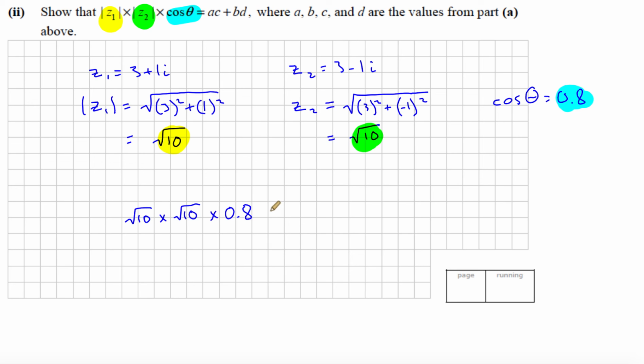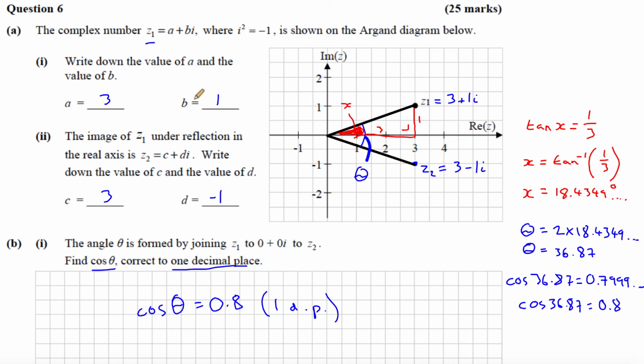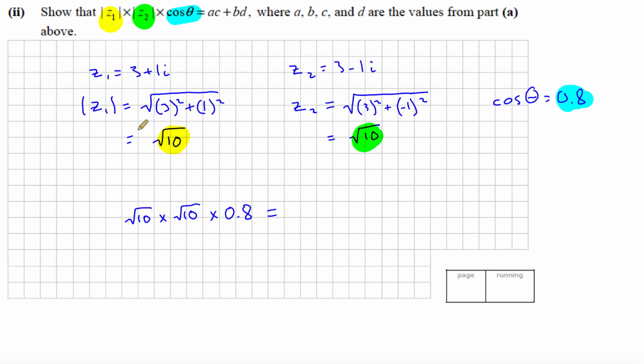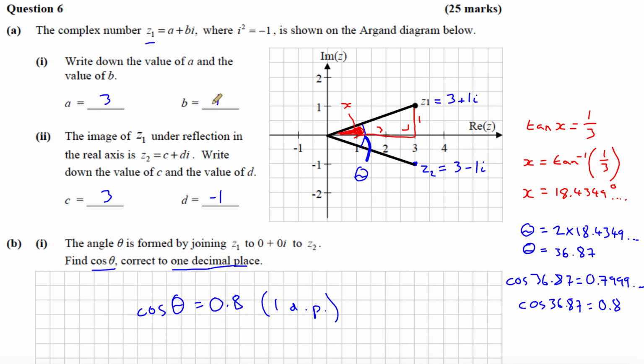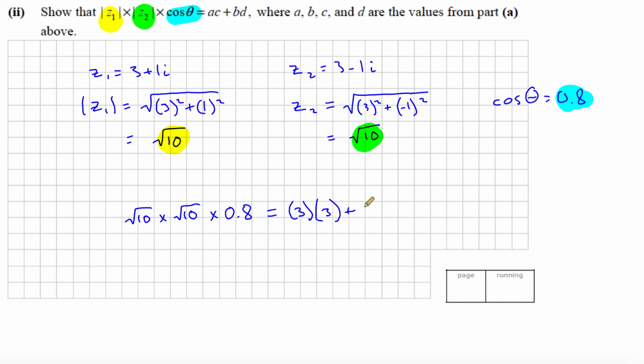And we're trying to show that that is equal to ac plus bd. If we go back and check, a was 3, c was 3, so ac is 3 by 3, plus bd, where b was 1 and d was minus 1, so that's 1 times minus 1. So we're trying to show that this is true. Let's work this out.